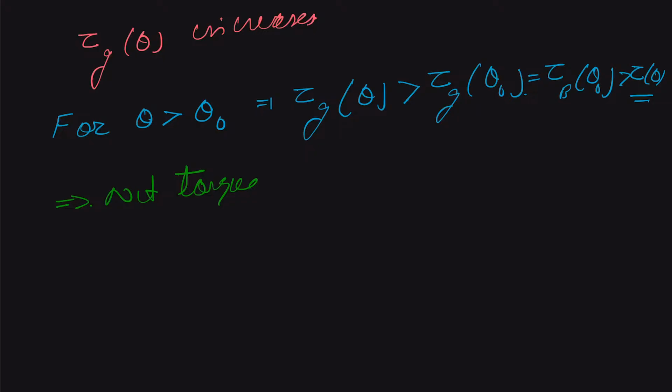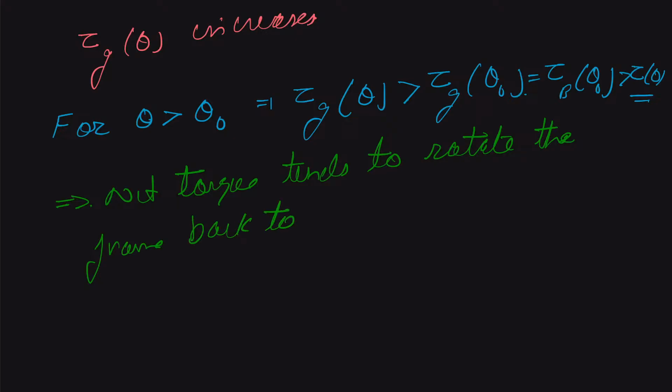The net torque tends to rotate the frame back to a smaller value of theta.